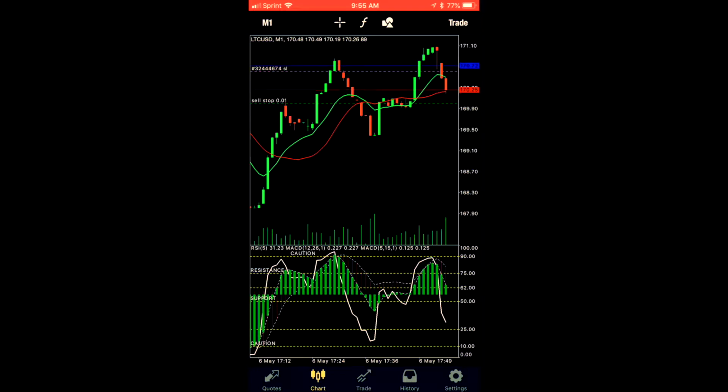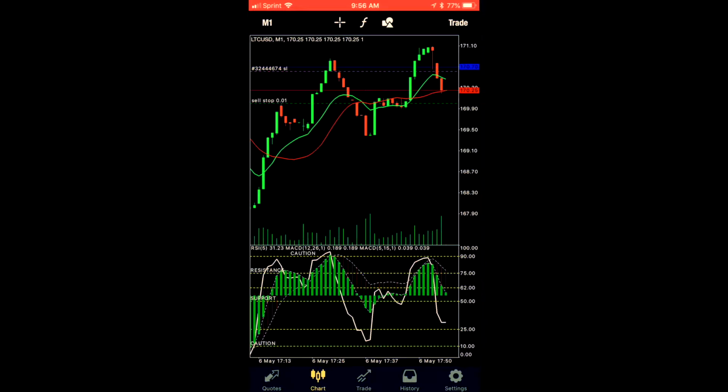But the one thing that we want to focus on is the two lines. This is the sell line, or should I say short line, right there, and this is your buy line, your long. As long as this line is on top, you should be in that trade.